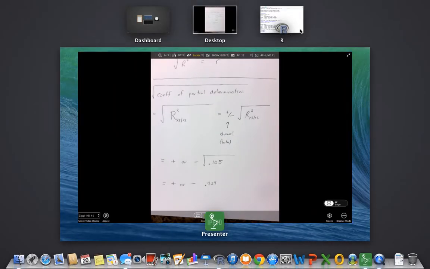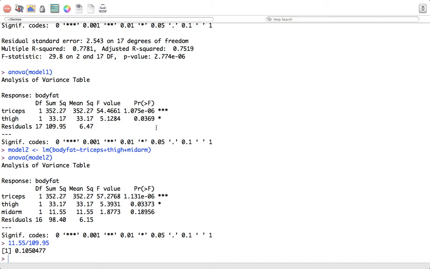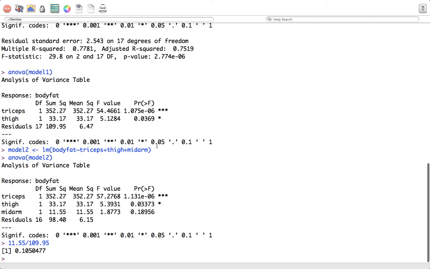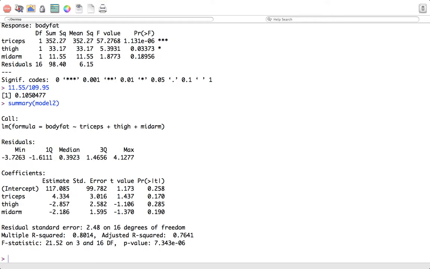So let's go back to our output for R, and we can see that we can't see anything because we haven't done it yet. So we need to do the summary of our model 2 and look at the sign of the coefficient for mid-arm when the other two are in the model. So the mid-arm coefficient is negative 2.186.